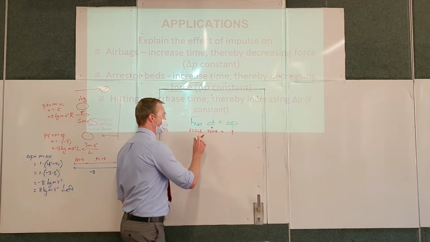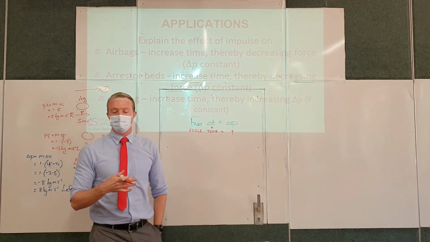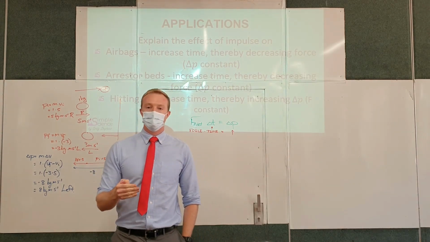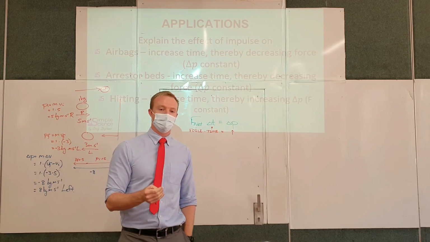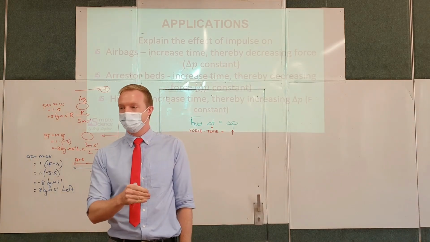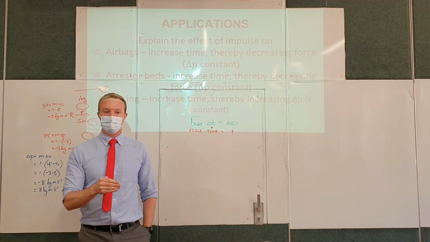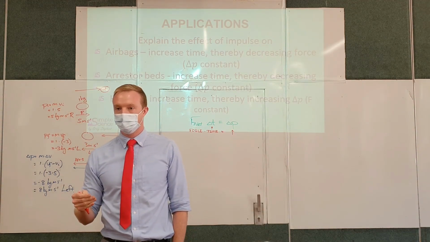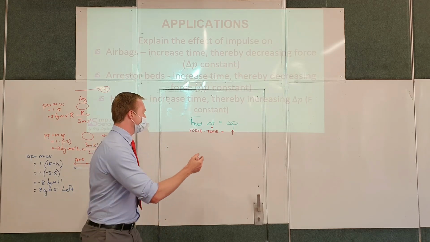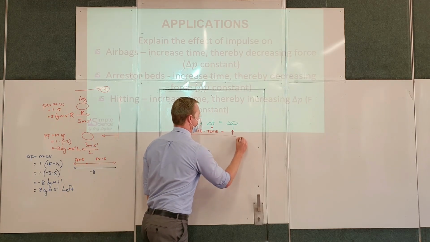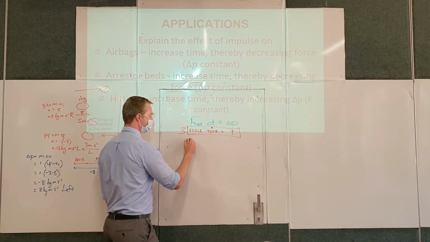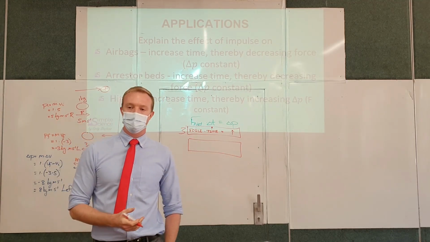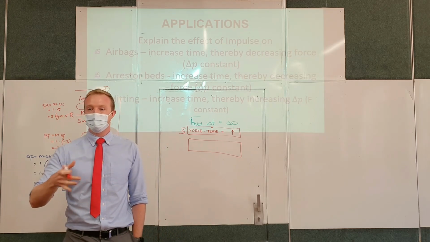The difference here though is that, let's use the example of driving a car. When you're driving a car and you drive into a wall, the car comes to a halt. Right, you go from 100 kilometers per hour to 0 kilometers per hour. Okay, that just happens, you have no choice about it, the wall stops you. Okay, so the change in momentum in the example of you driving into a wall, same as a truck driving into an arrestor bed.